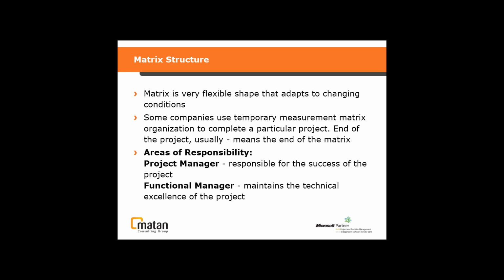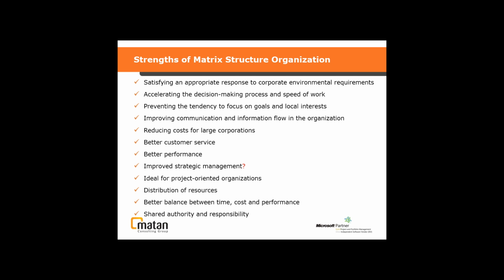You have different extremes, because you have some where the project manager is stronger in the organization, and he's the one that calls the shots and is actually in charge of things. And then you have other organizations where the functional managers are the stronger people, and we'll talk about what we call weak and strong matrices in the next slides.